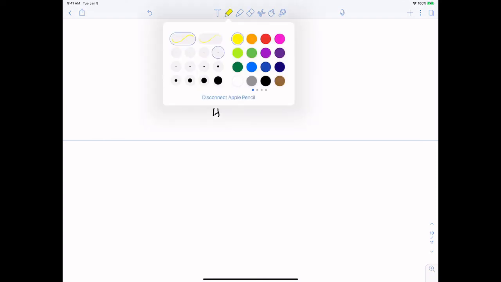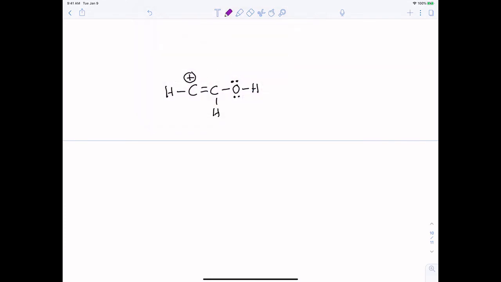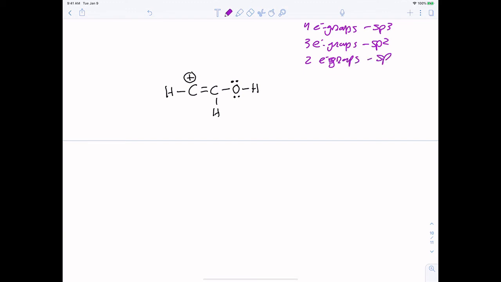To determine hybridization then, I'm just going to look at each atom and see how many electron groups it has. Remember, if I have 4 electron groups or electron domains, it's going to be sp3. If I have 3 electron groups, sp2. If I have 2 electron groups, it's going to be sp.